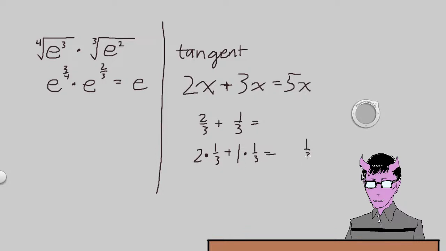How many third types do you have? You have 2 plus 1. So you have 3 of those third types. But you could simplify this. Final answer. So if you have 3 third types, you could just combine them and call it a whole. So how is it related to what we're talking about?